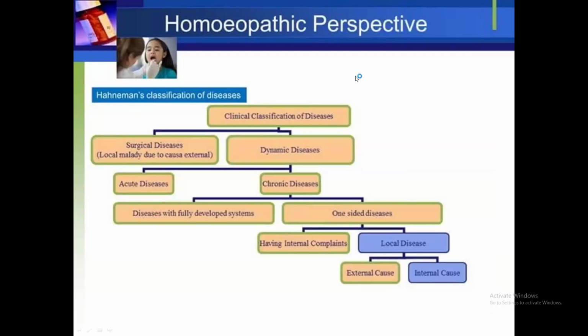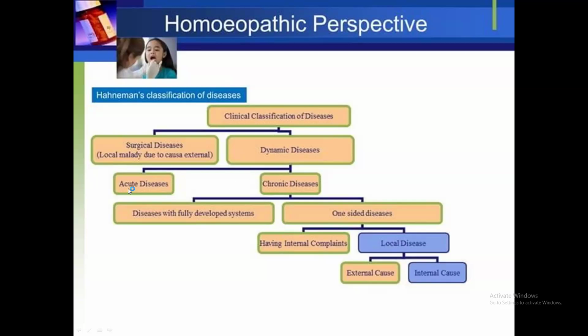Then if we want to go for proper homeopathic medicine or a constitutional homeopathic approach towards a case of adenoids, we have to first clinically classify the disease, whether it is a surgical disease or a dynamic disease. Surgical disease means local malady where the cause is external. And in the dynamic disease, we have to again categorize it as acute disease as well as chronic disease.